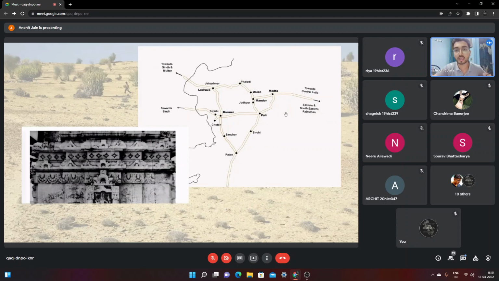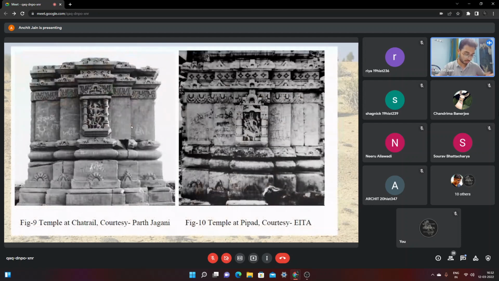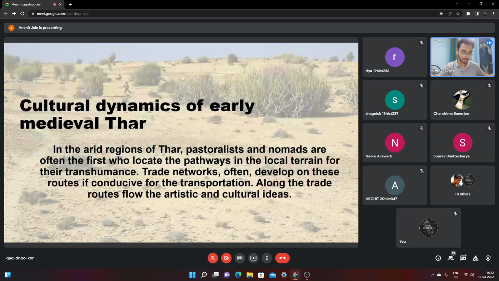So within the regions of Thar, as well as outside, like within the agrarian regions of southeastern Rajasthan, with Gujarat, with central India, and also with Sindh and Multan, if we do a careful study of the temples of Thar, we can clearly glean an inter-regional and intra-regional exchange of artistic and religious ideas.